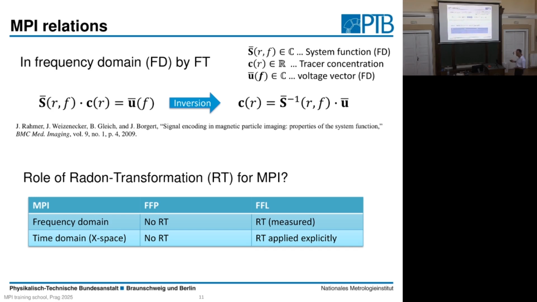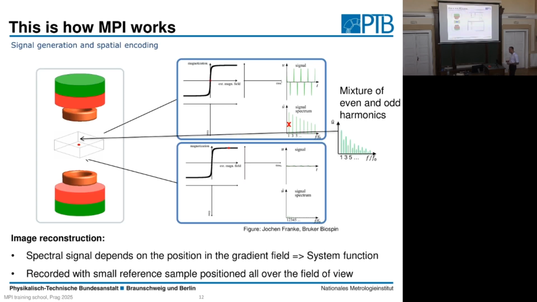Okay, so the first part is done. I go again a little bit deeper. We have quite a lot of time, but to show some certain points, I have to do this. So, how MPI works. We have the nanoparticles here in the center of the magnetic field, of the drive field. It's 25 kilohertz.